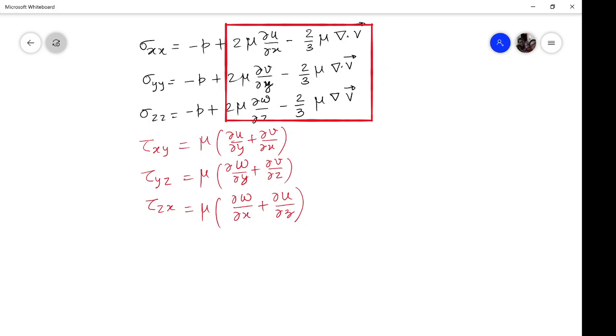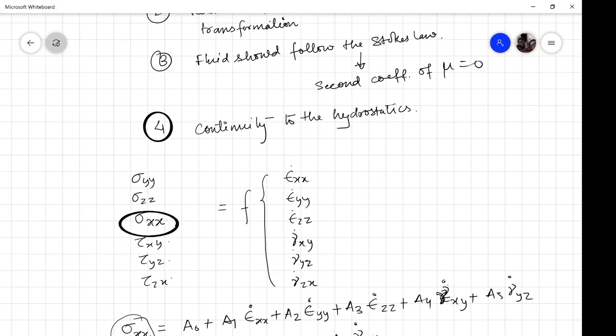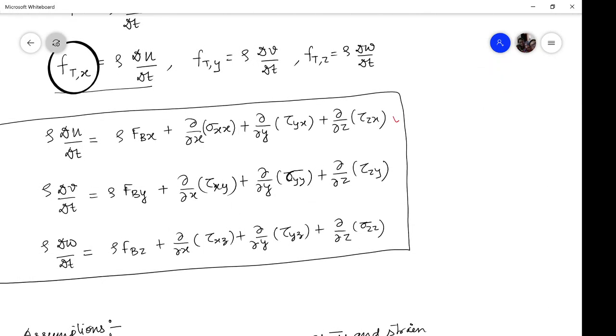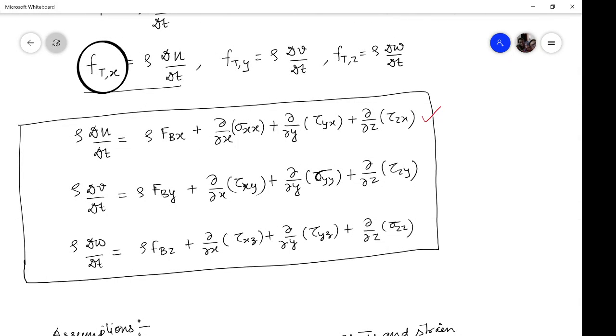Okay, now you have your original equation, that means this first equation. Let us talk of this equation only, because the rest will follow the same procedure, and the result will be somewhat similar. So we will replace the value of sigma xx, tau yx, and tau zx in this particular equation and try to understand what happens.